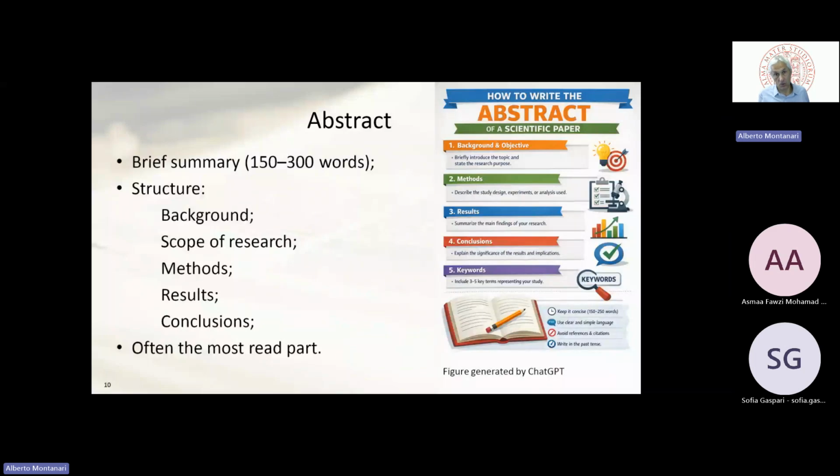Keep in mind that it is often the most read part of a paper. When we want to be very quick, what we read is title, abstract, and conclusions. When we want to be very quick in our first pass, as we discussed, it may happen that we read just the title or title and abstract.